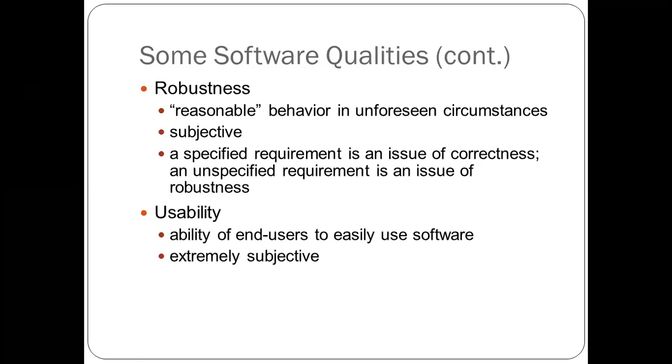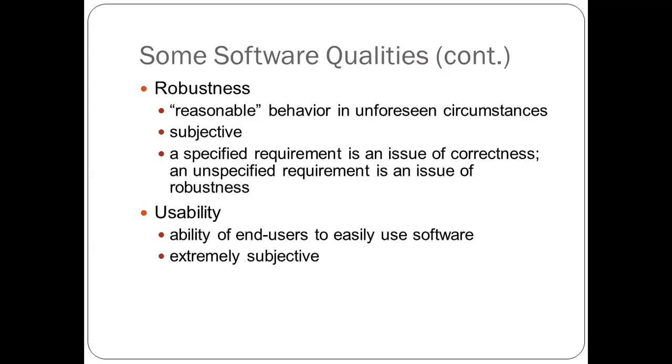So here we will check the various requirements. If we want to maintain the robustness, then we will check the behavior in unforeseen circumstances, that is, whether your software product is working properly or not. What are the different specified or unspecified requirements for that particular software?